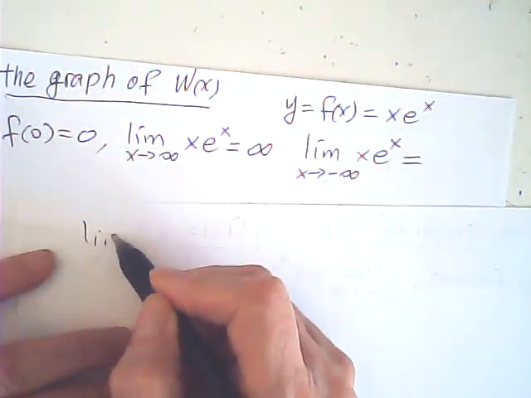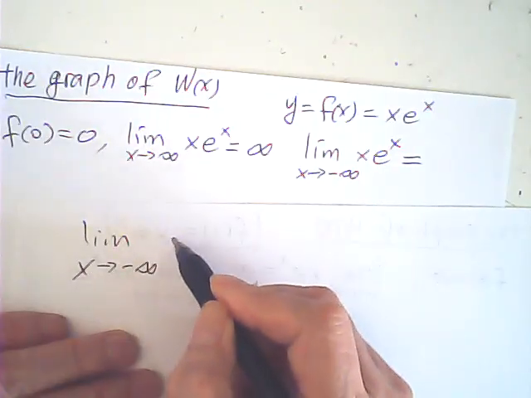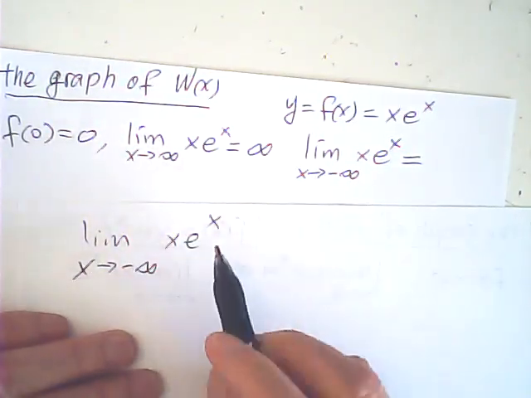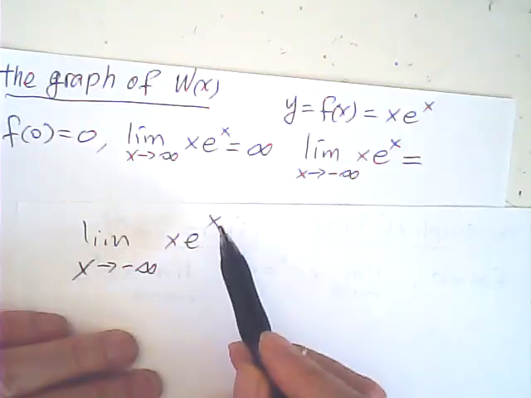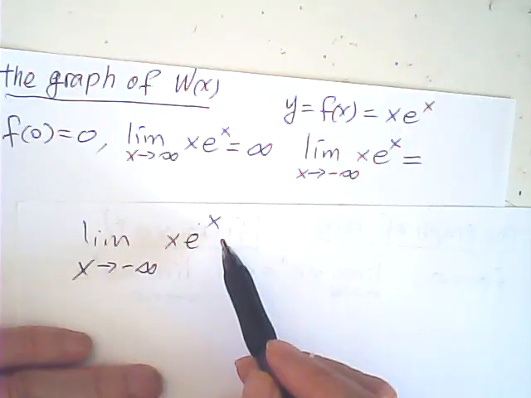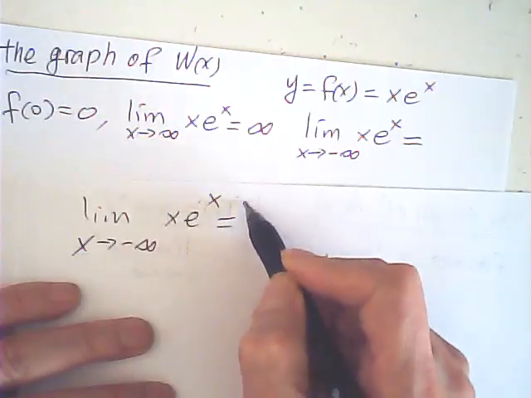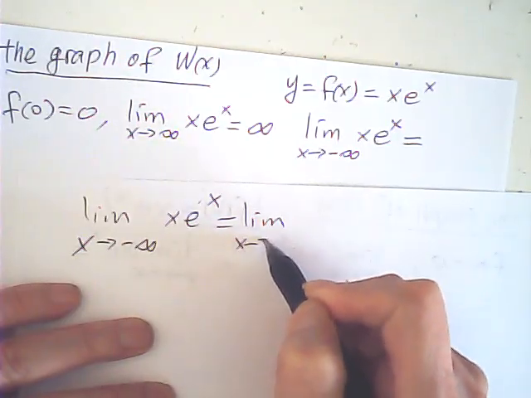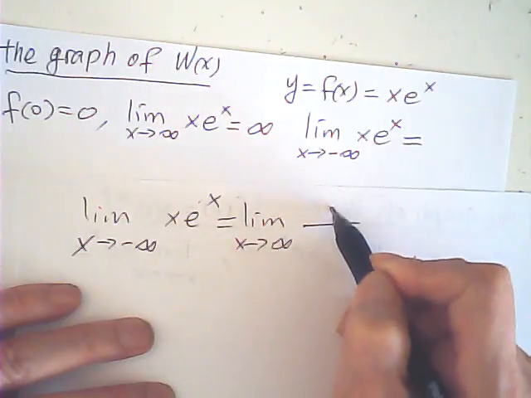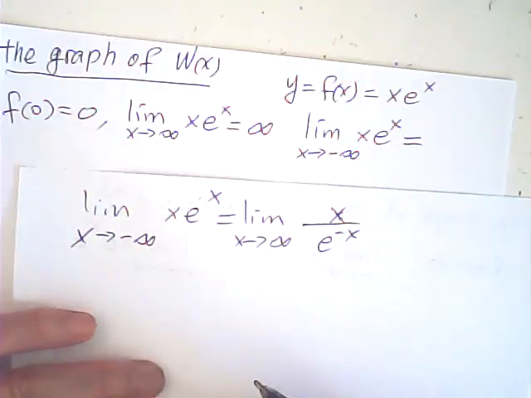The limit as x goes to negative infinity: x goes to negative infinity, e to the x goes to 0. Therefore, it's indeterminate. We can write this as x over e to the negative x.